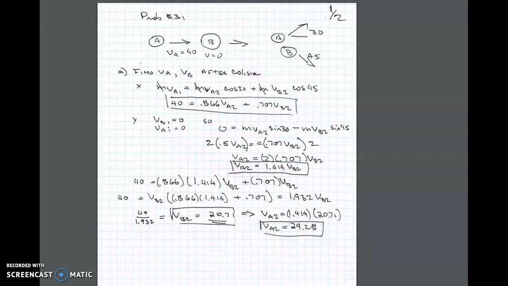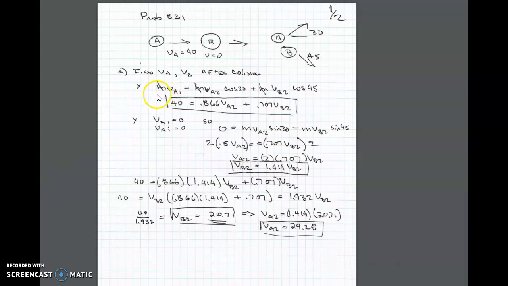So what we have to do here is use conservation of momentum: the momentum of both objects before the collision has got to equal the momentum of both objects after the collision. Momentum is the product of velocity and mass. In the x-coordinate, by the way, the masses are all equal, which makes it easy.